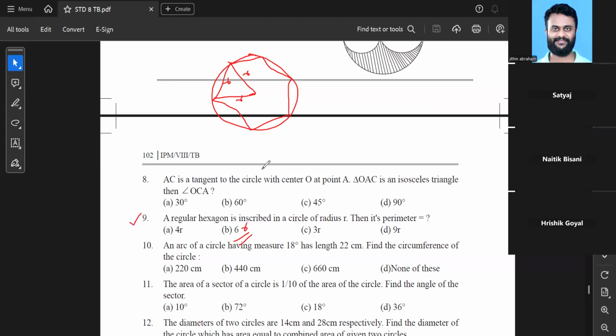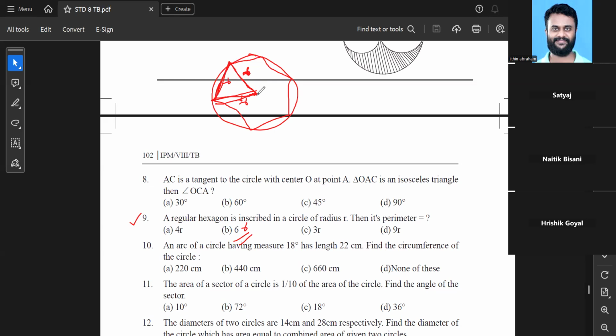Sir, can you repeat the property? Which property? Sir, in physical textbook, you just said of hexagon property. I'll repeat, don't worry. Whenever you have a hexagon, when you join the center to the end points, whatever is the measure of that segment from the center to the end point, the other segment will also have the same measure.